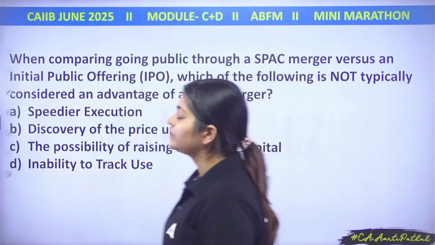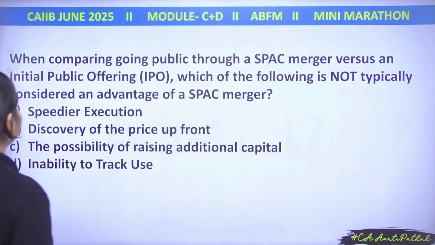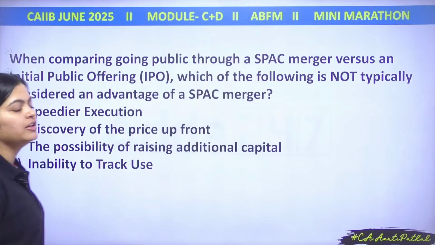A. Speedier execution. B. Discovery of the price upfront. C. The possibility of raising additional capital. D. Inability to track use.